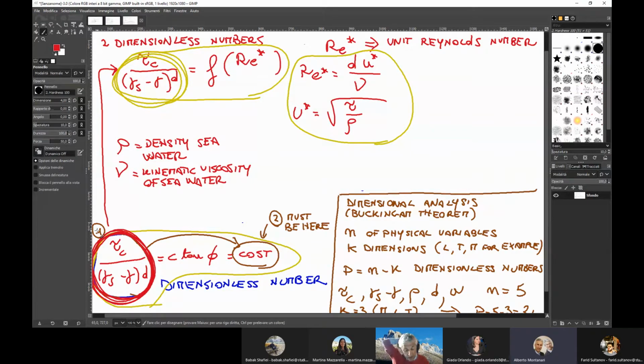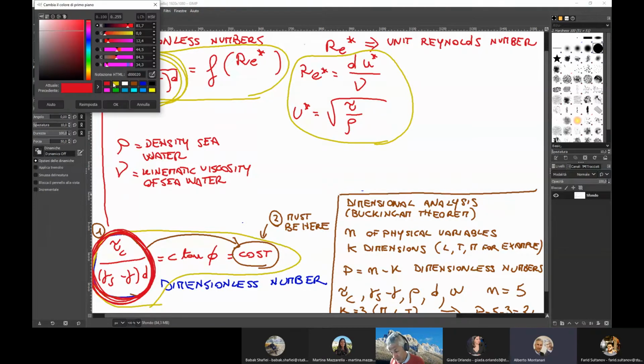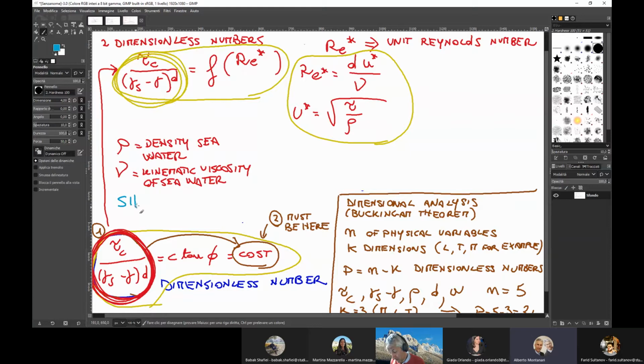And what they decided to do, they decided to make lab experiments. And this was done by a guy whose name is, let me change the color, Shields.